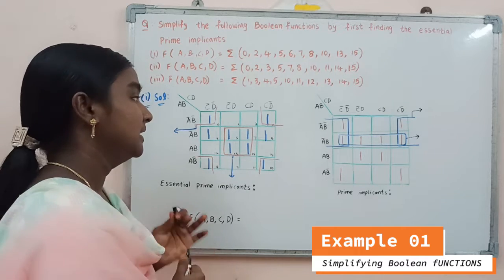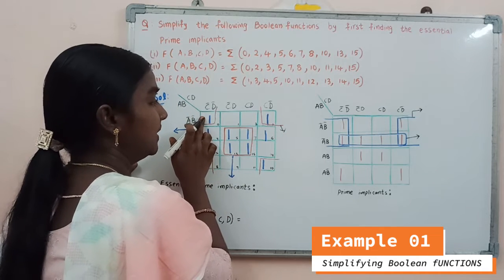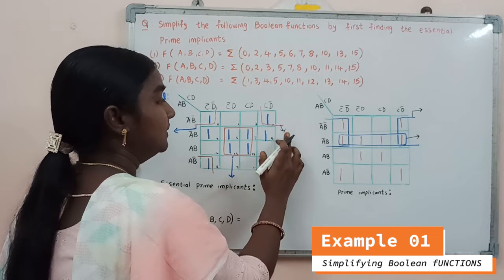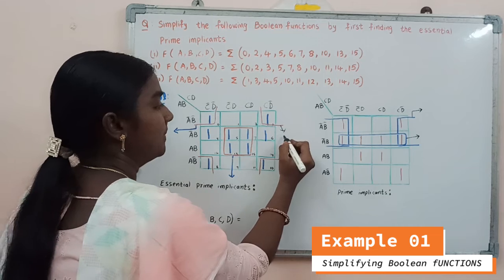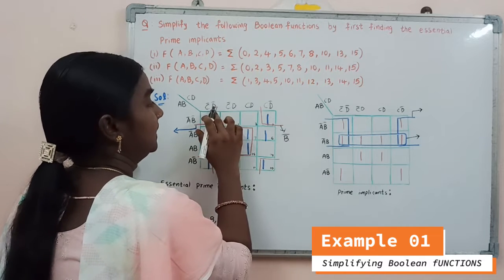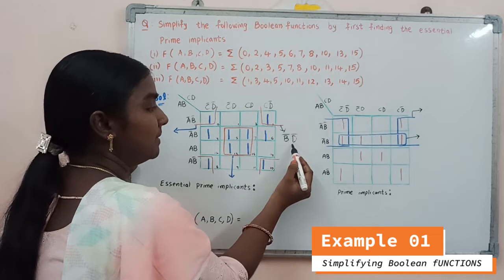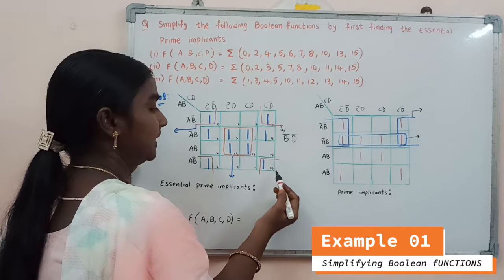So if we write the prime implicant for these 4 ones by considering M0, M2, M8, M10, the product term is equal to D bar, since D bar is common. So this is the prime implicant by considering M0, M2, M8, M10.